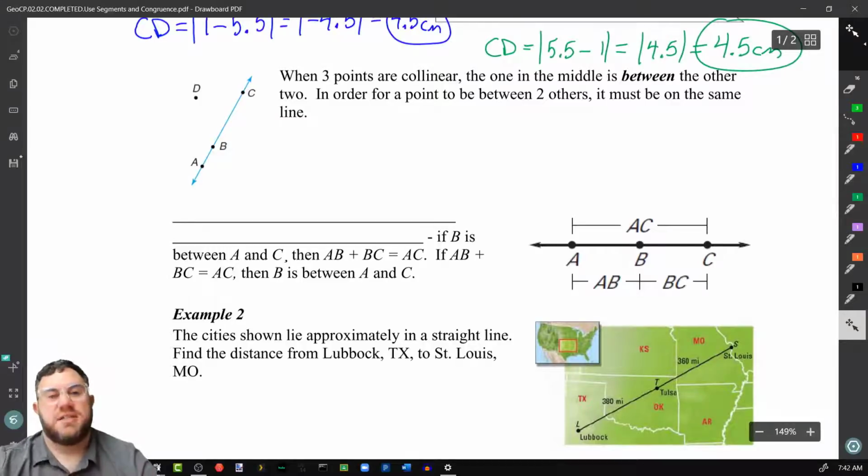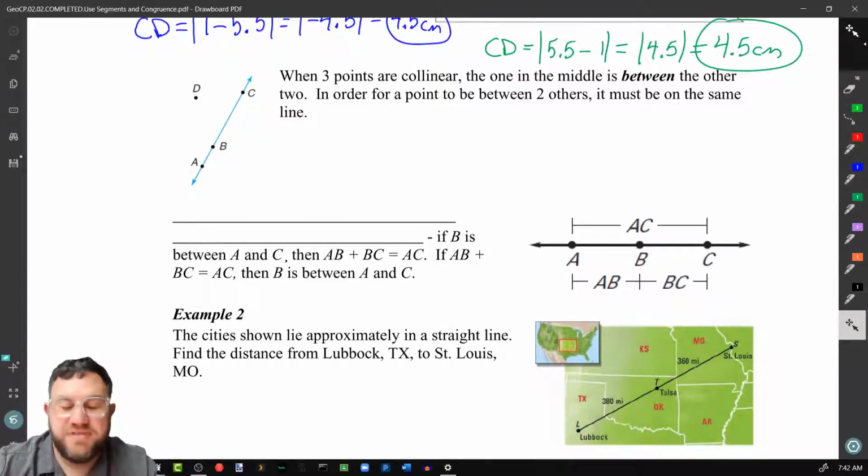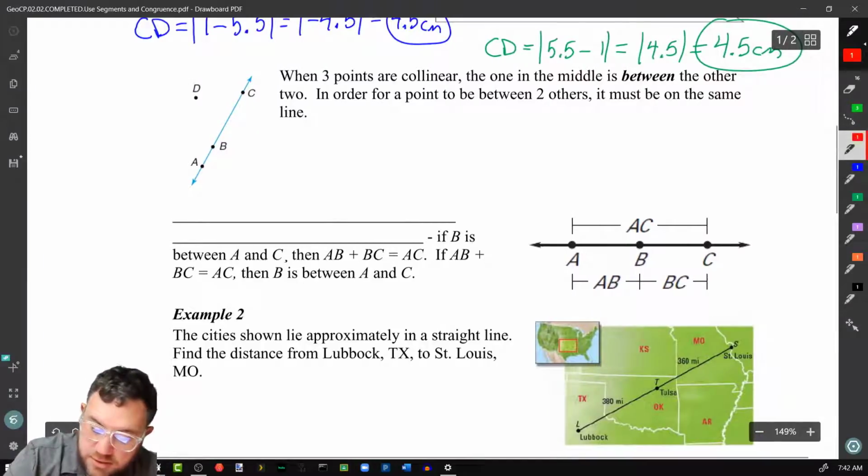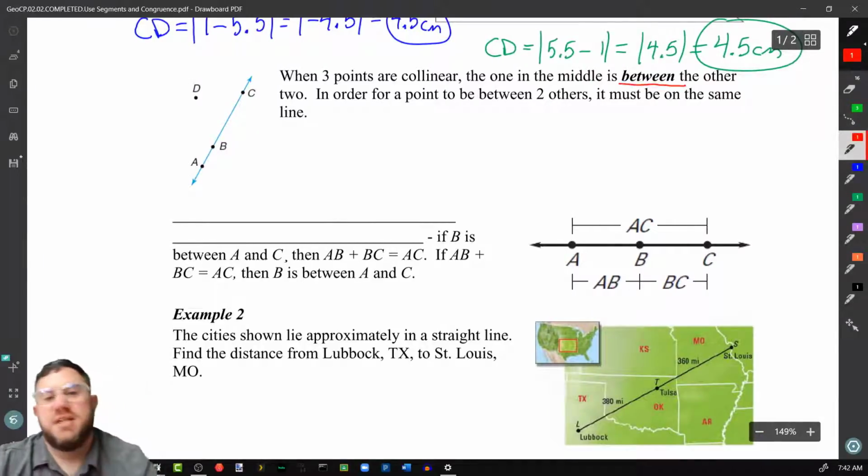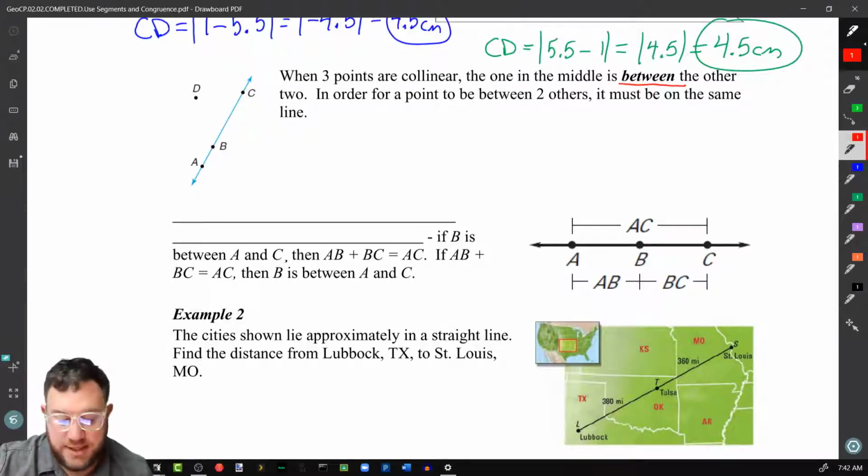All right, a concept that you need to be familiar with. You already are, you've just never explained it or had it explained to you. All right, if 3 points are collinear, so they're all on the same line, the point in the middle is between the other 2 points. This is only true if they're all on the same line.